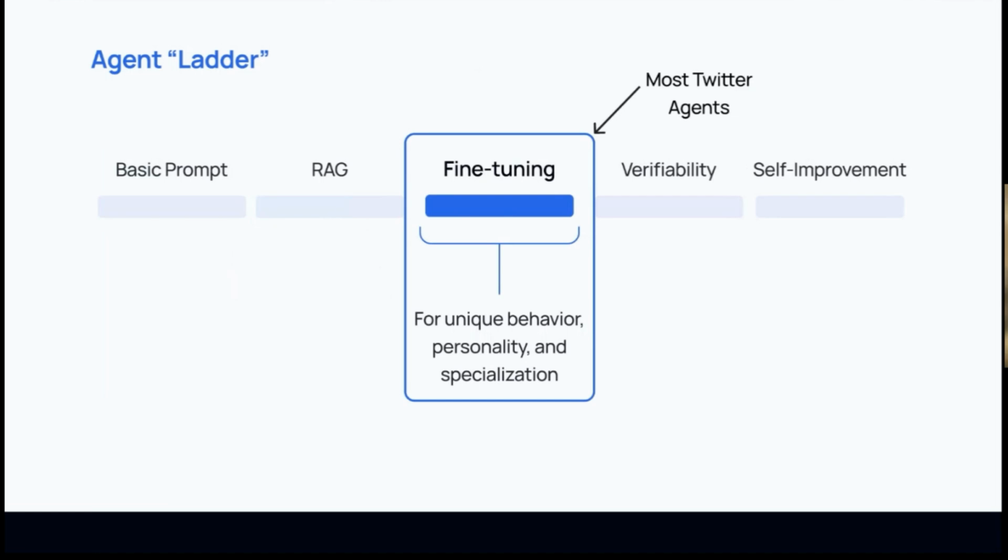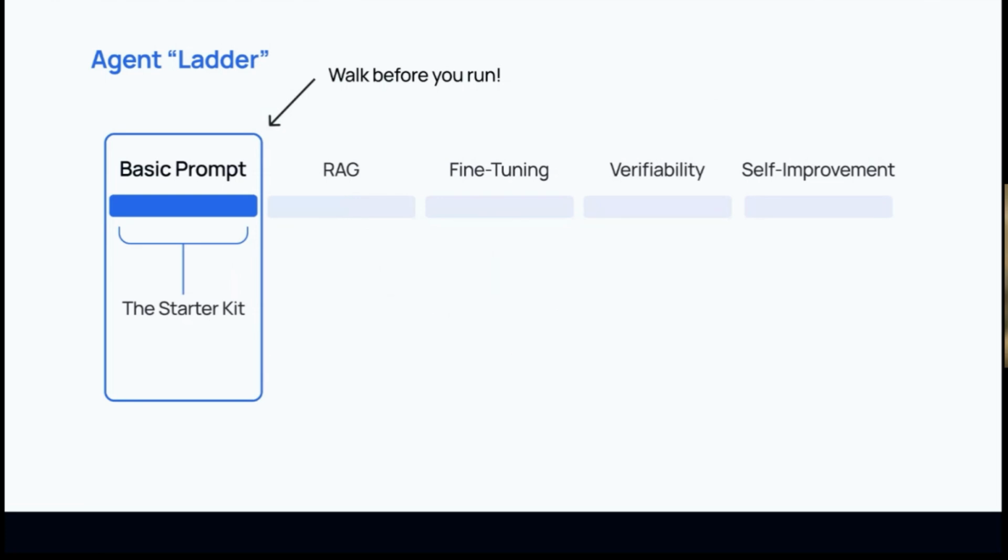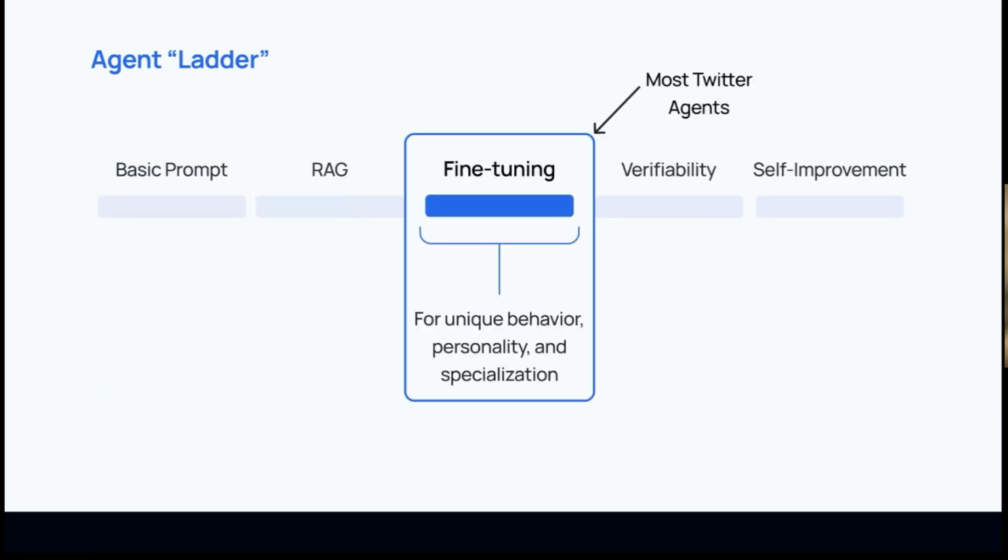What we're seeing now is we're evolving. We're going up this agent ladder. We went from basic prompting, right? A very simplistic starter kit system prompt, to now, instead of just getting the weather and being able to reason and pull information from a database, let's actually fine tune a model specifically on a large set of data for unique specialization, right?